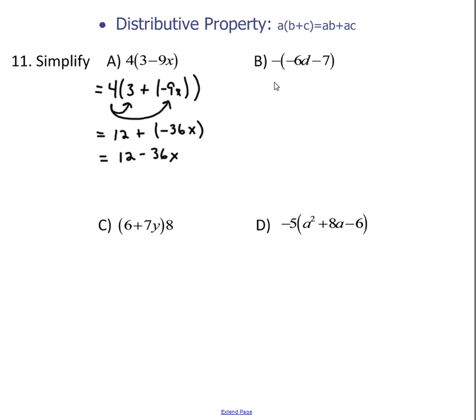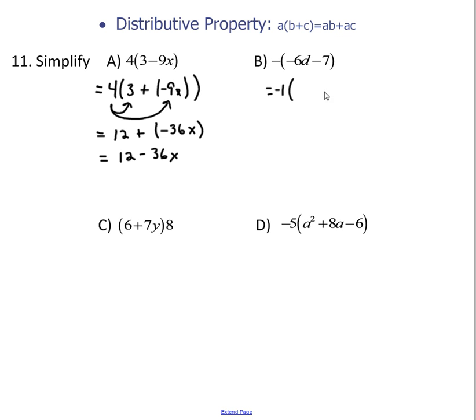Well, let's look at this next one here in B. How is this the distributive property? Well, in fact, that negative in front, when we don't see a number after it, we assume it's a 1. So think of this as negative 1 times whatever's in the parentheses.